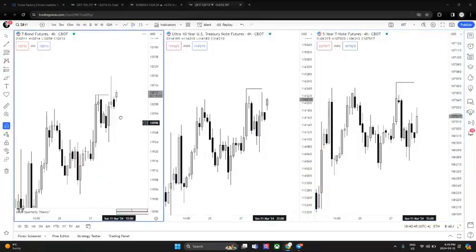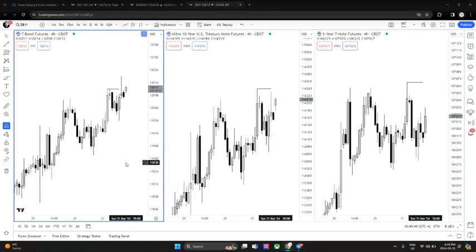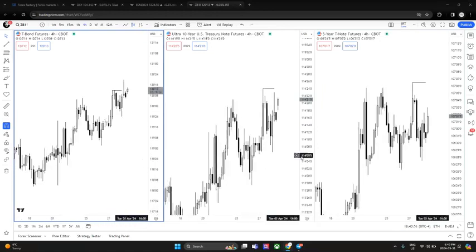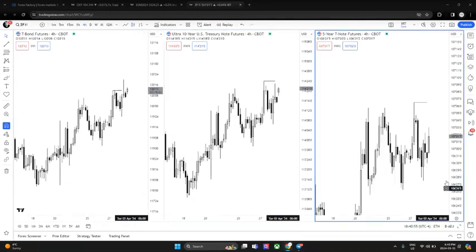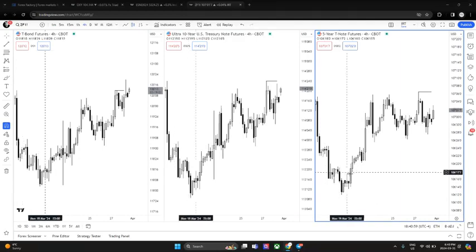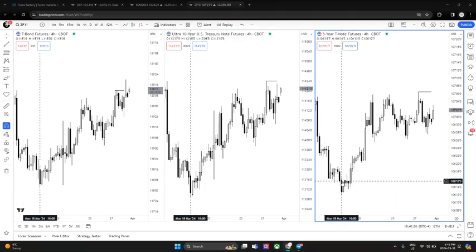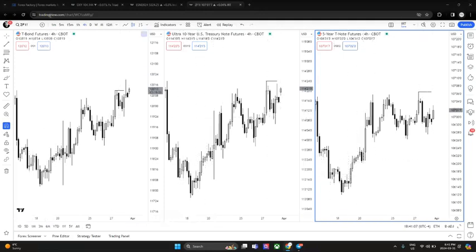Here, you can see that we have equal lows. And here we have a failure swing, and also here we have a failure swing.